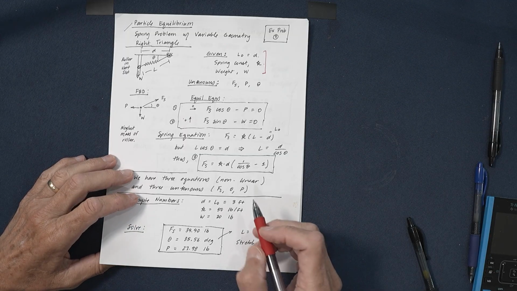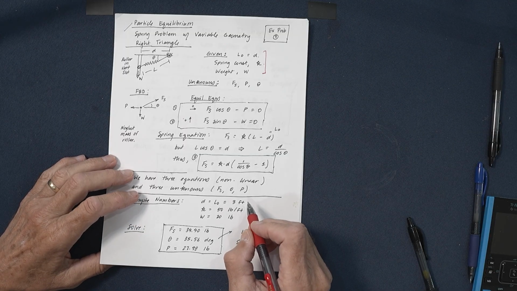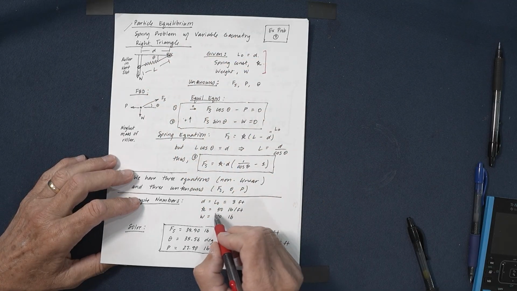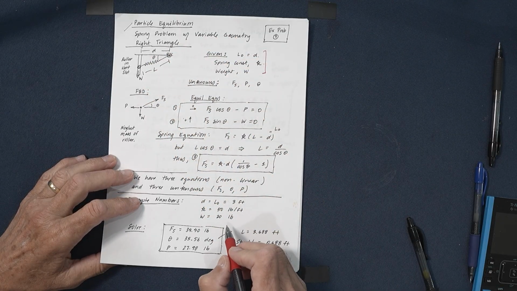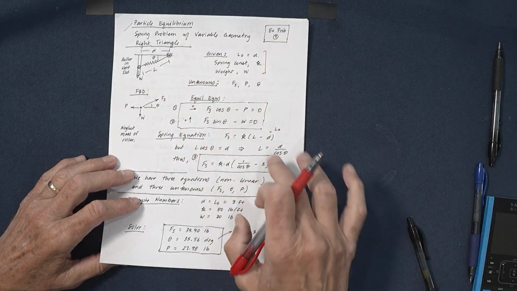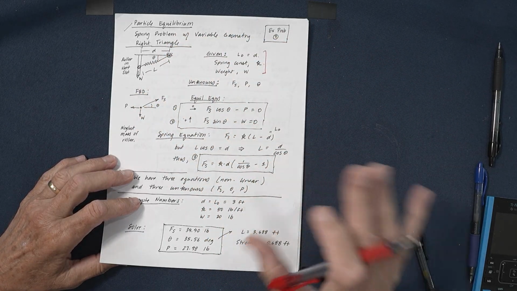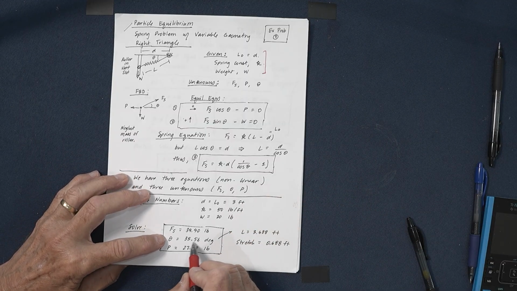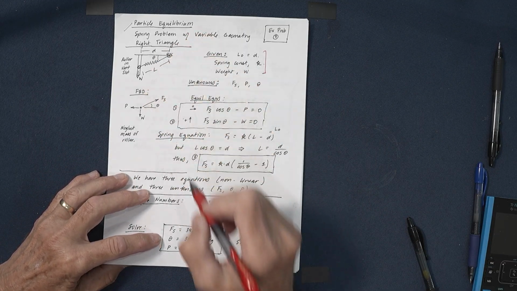And for these sample numbers, for D is equal to 3 feet, K is equal to 50 pounds per foot, and W is equal to 20 pounds. If you iterate on these equations, and you can do that in Excel, we get an angle of about 35.6 degrees.